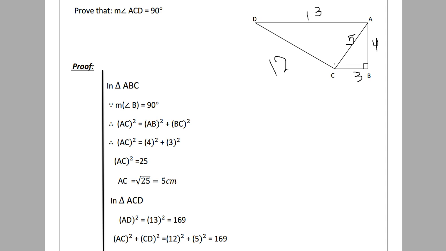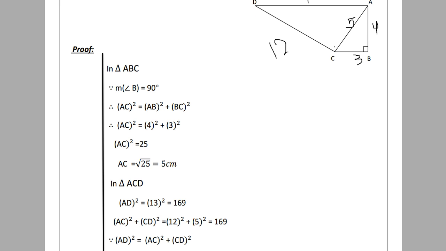If the sum of them is the same as the greatest side squared, then it is a right angle triangle. As we see here, AD squared equals AC squared plus CD squared. They are the same value, 169. So we can get that AD squared equals AC squared plus CD squared, then the measure of angle ACD is 90 degrees.